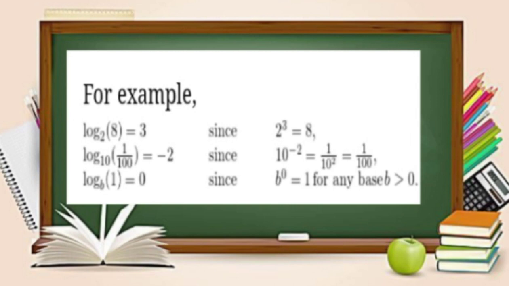For example, ln e equals log_e e equals 1, ln e^3 equals log_e e^3 equals 3, ln 1 equals log_e 1 equals 0.